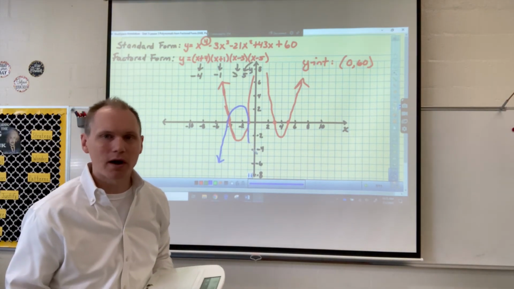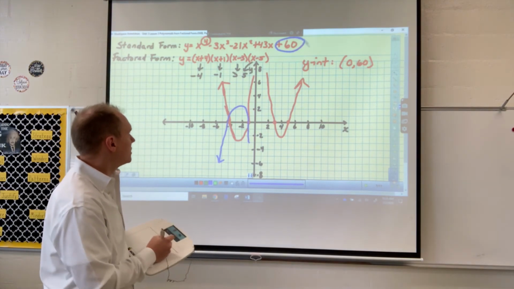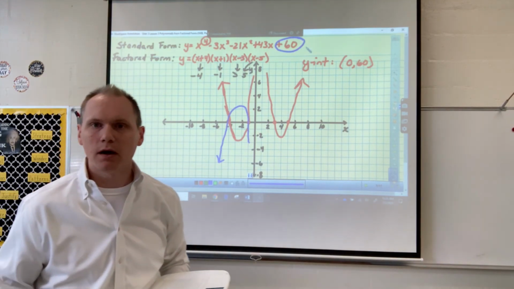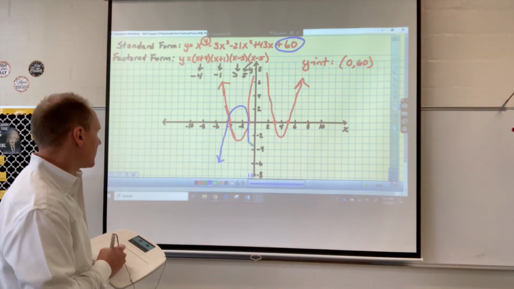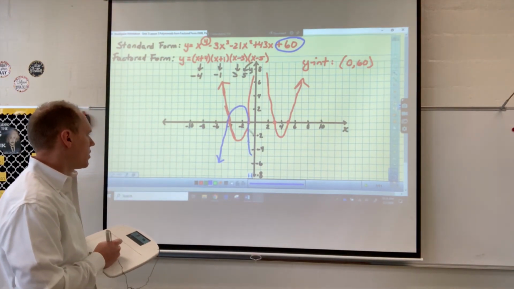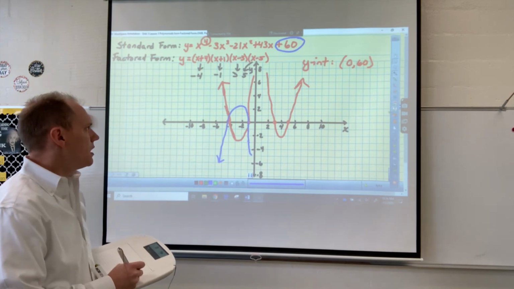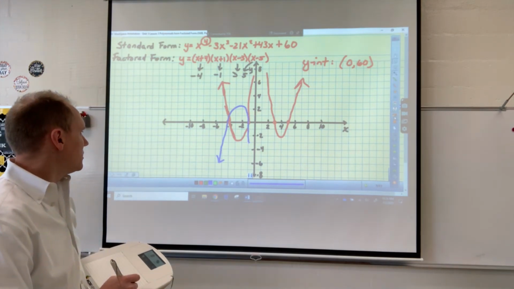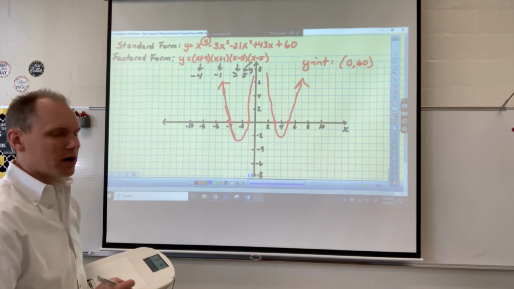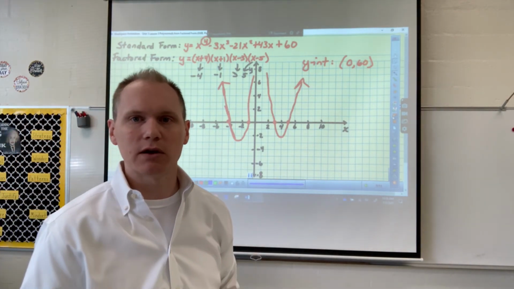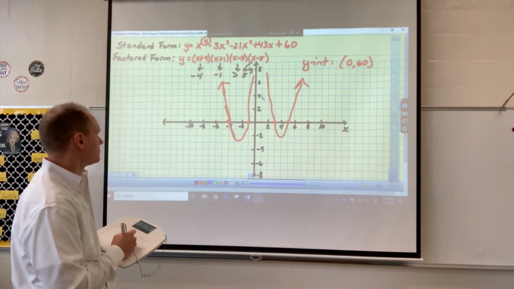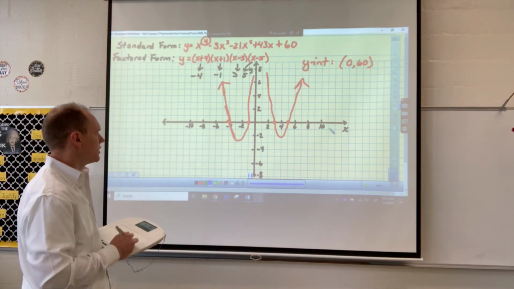But I know that my y-intercept, and I can circle it here, is 60, so I know that there's something wrong, because I need to cross the y-axis down here in the negative numbers. So that's what I mean when I say that the y-intercept can help you identify or alert you that you've made a mistake with your end behavior. So those two should definitely connect together.